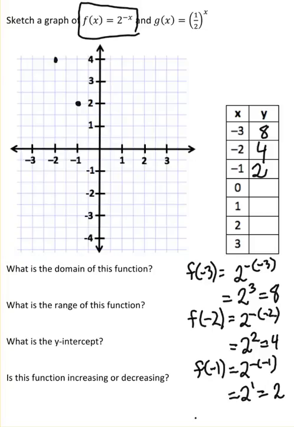My y-intercept, f at 0, is going to be 2 to the 0. -0 is still just 0, right? Which is 1. So the y-intercept actually hasn't changed from my original function. Let's give a little more space here.